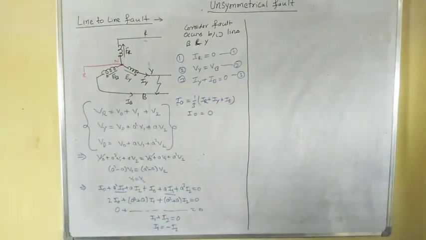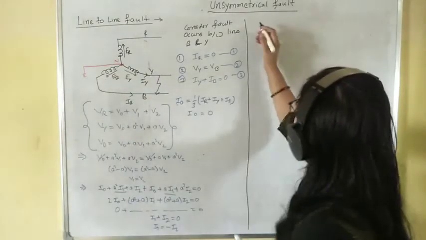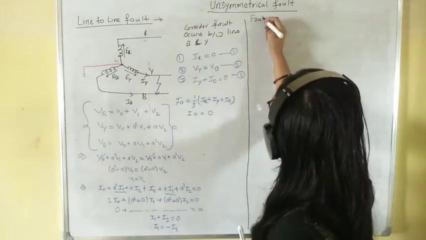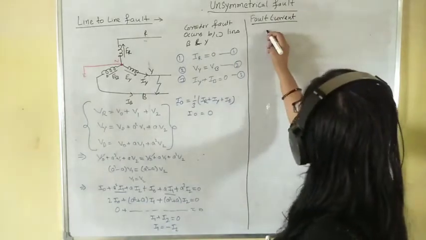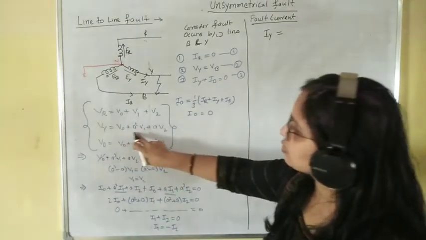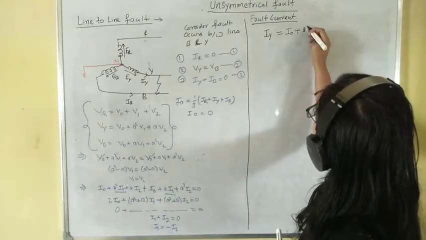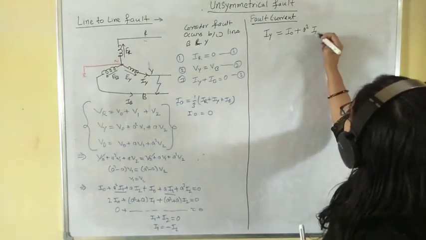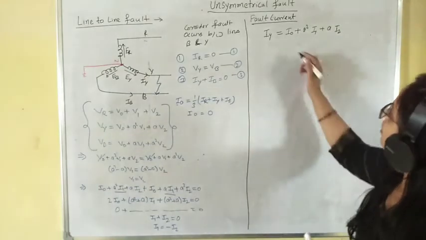Okay. Now let us calculate the value of the fault current. What is the fault current here? It is IY. In terms of sequence components, what will we write? It will be I naught plus A square I1 plus A I2.